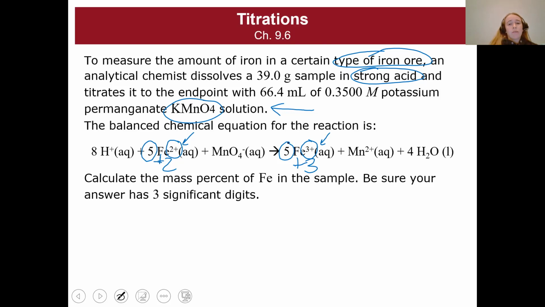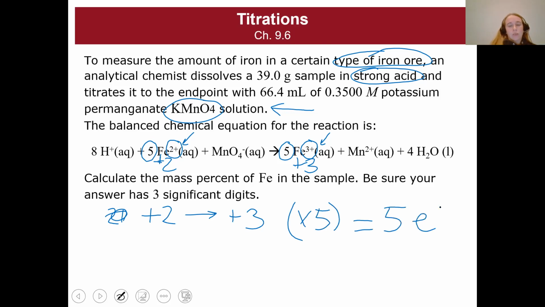It's a transfer of 5 electrons because 5 iron ions have to go from +2 to +3. We do this +2 to +3 5 times. So there's a transfer of 5 electrons in this reaction.